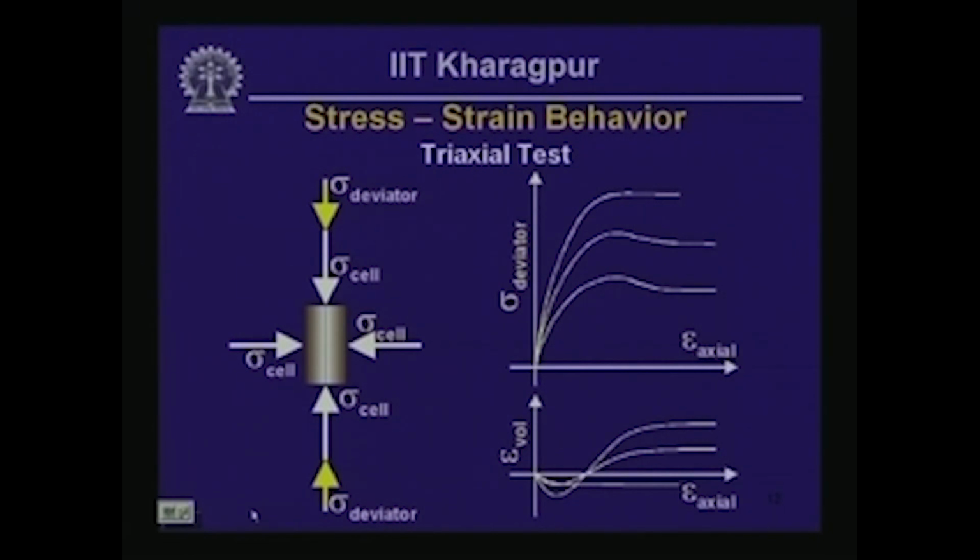What we are going to do is to estimate the sigma 1 value, or the major principal stress value, in each one of these tests and the minor principal stress value in each one of these tests, noticing that the horizontal and the vertical surfaces in this case are free from any shear stress.